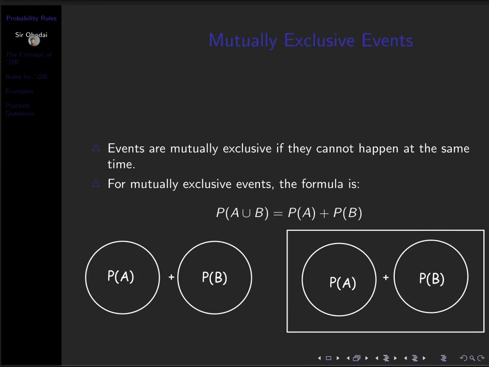There is the mutually exclusive, which we will be talking about now. When we say two events are mutually exclusive, then it means they cannot happen at the same time. They can never happen at the same time. Is it possible that you roll a die, right, and you'd get two numbers?